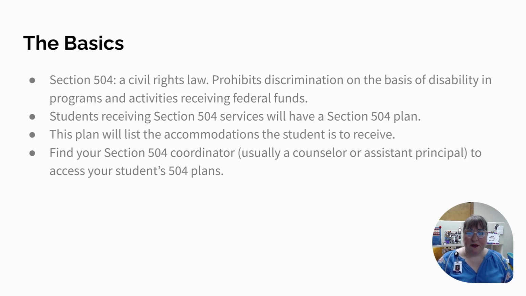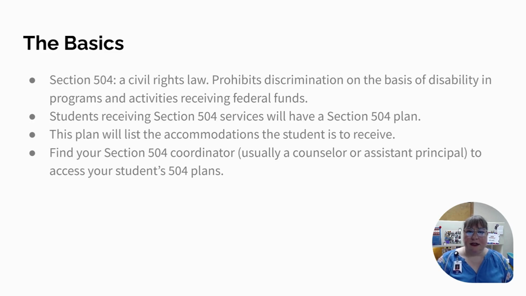So, for Section 504, that is a civil rights law. It prohibits discrimination on the basis of disability in programs and activities receiving federal funds. And if you have a student who's receiving Section 504 services, they will have a Section 504 plan. That is the terminology that we use for that.